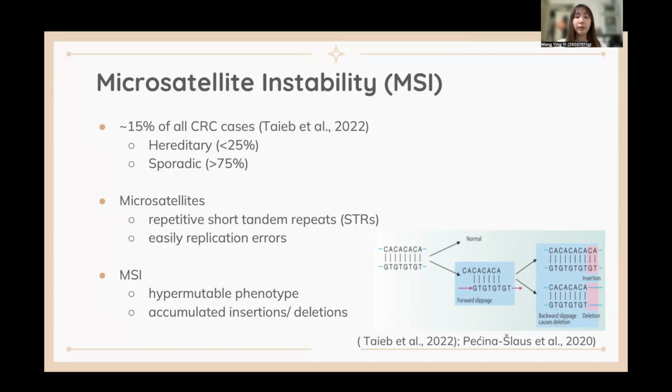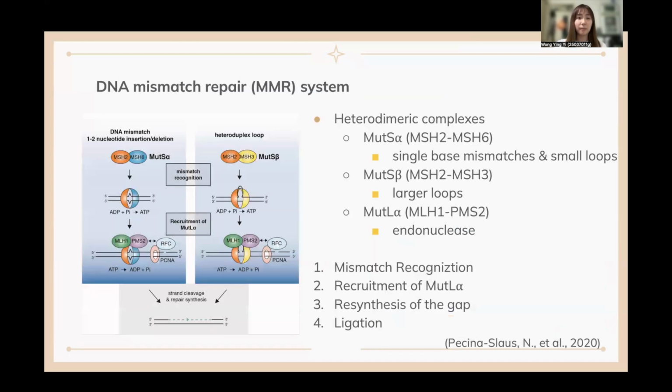MSI is a hypermutable phenotype resulting from accumulated insertions or deletions in the sequences because of a deficient mismatch repair system. Normally, the DNA mismatch repair system, MMR, maintains genomic integrity by detecting and correcting base-base mismatches and insertion-deletion loops during DNA synthesis.